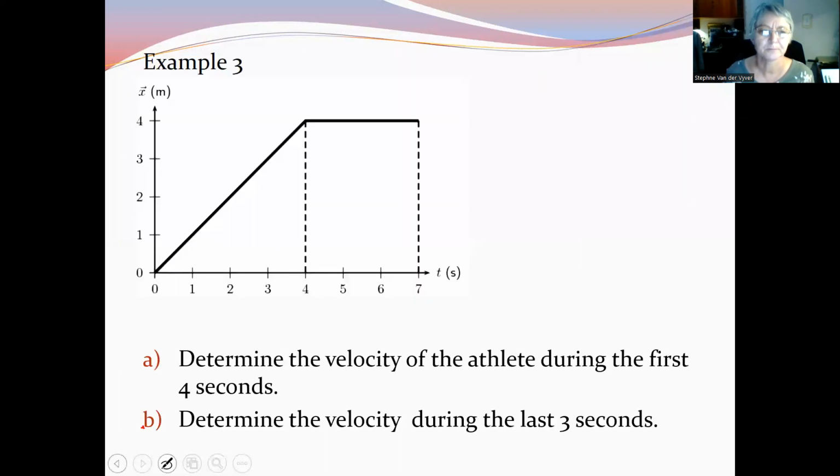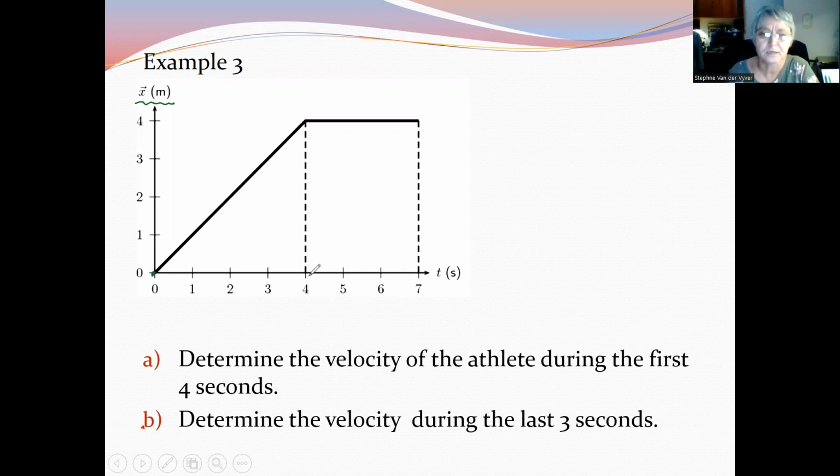They say that we need to determine the velocity of the athlete during the first 4 seconds and then during the last 3 seconds. So it's a position time graph from the origin of motion.